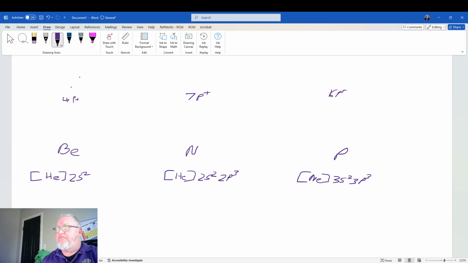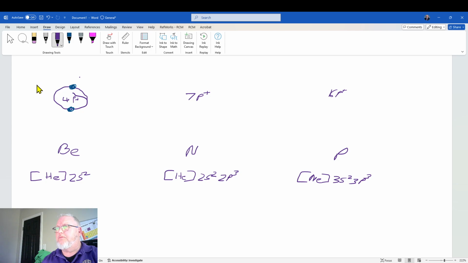So, in the first energy level, beryllium is going to have 2 electrons. The blue would be the electrons. Of course, they're negative. And then in the second energy level, let me do that with purple.